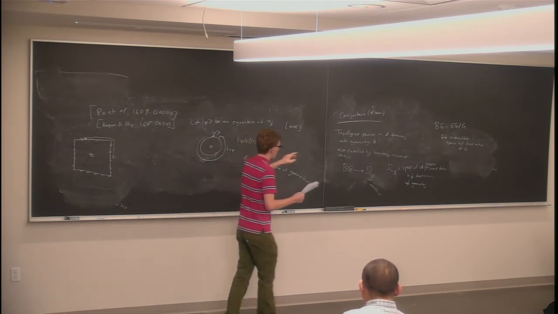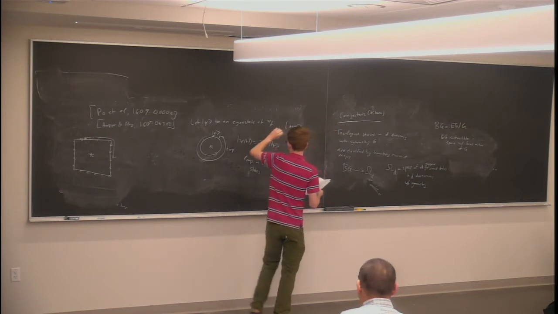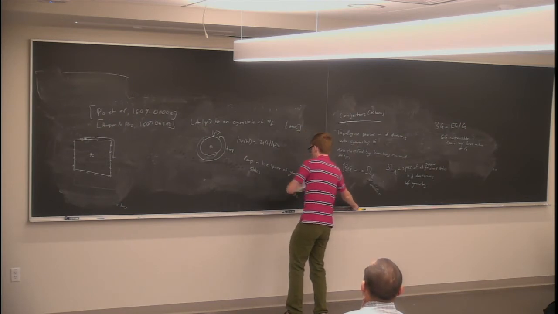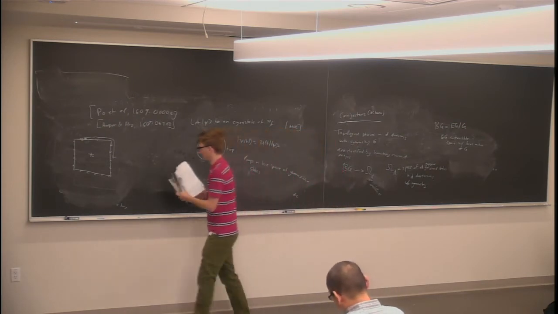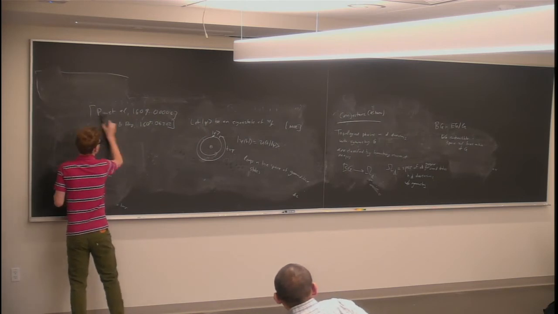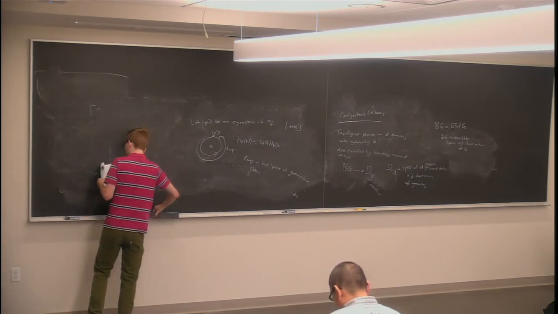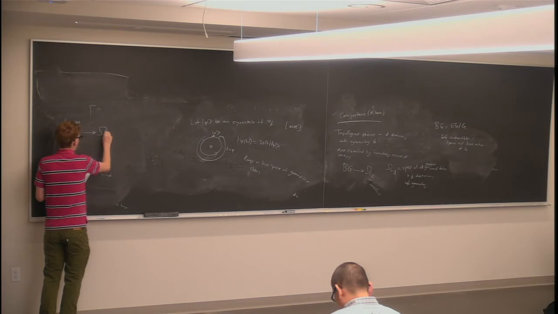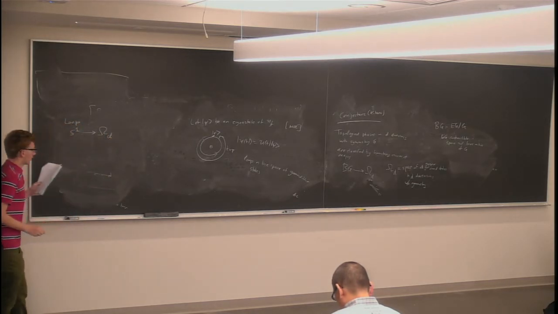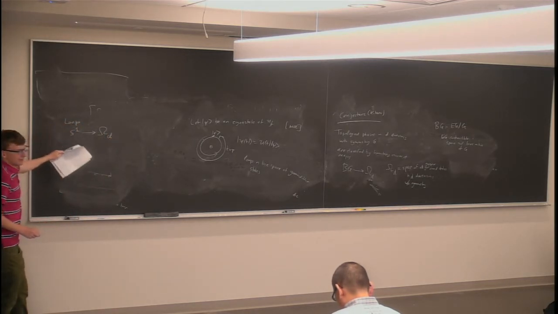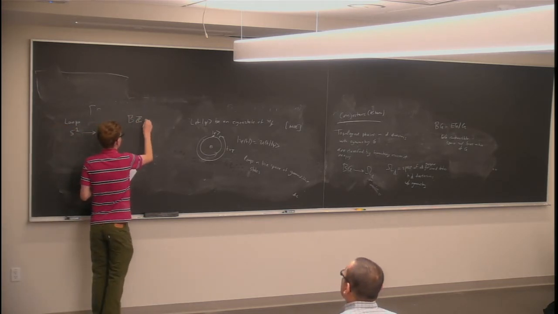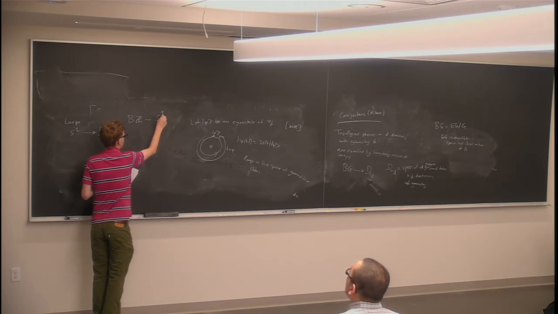But anyway, given this conjecture, we can make a really powerful statement about classifying these loops. Because what is a loop? It's a loop in the space of states. So a loop is basically a map from the circle into Omega D. But it turns out the circle is the same as the classifying space for the group Z. BZ is a circle.